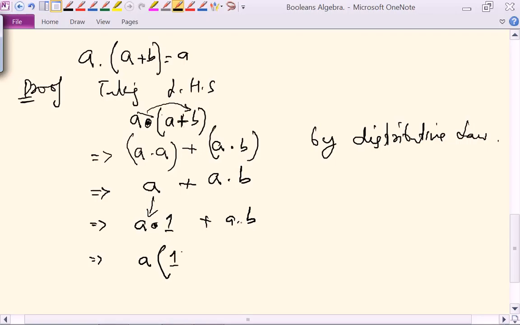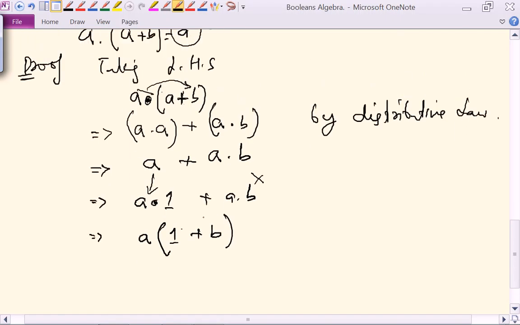We got A and (1 or B), because I want to cut off this B, because I have on the right side only A. So I have to cut this B somehow, right?